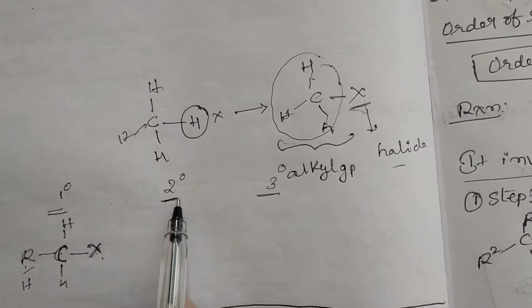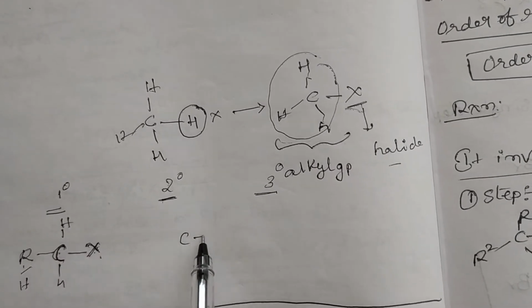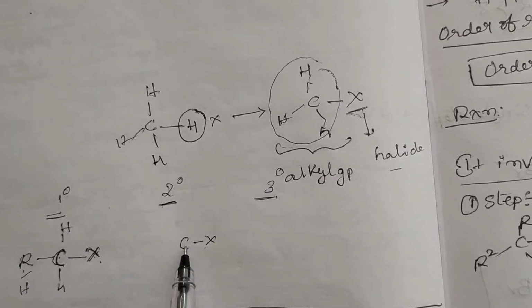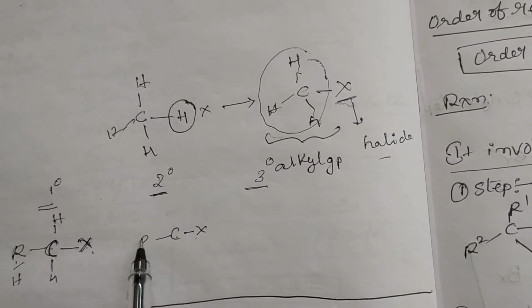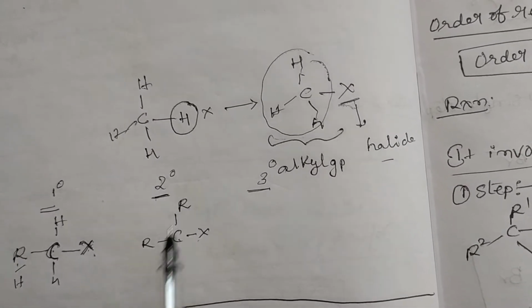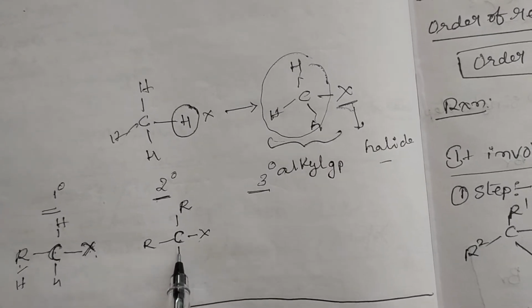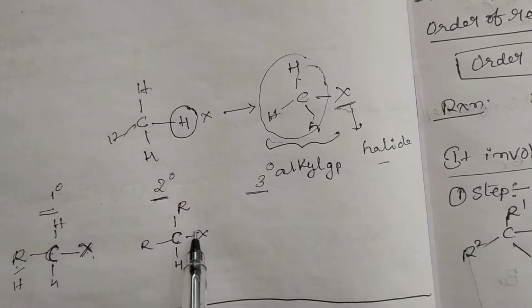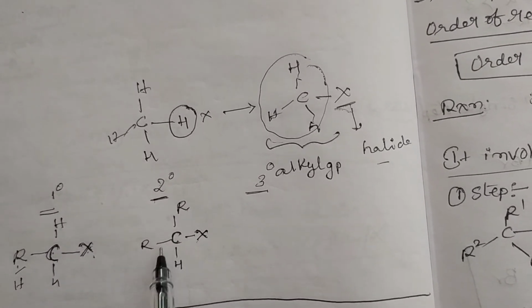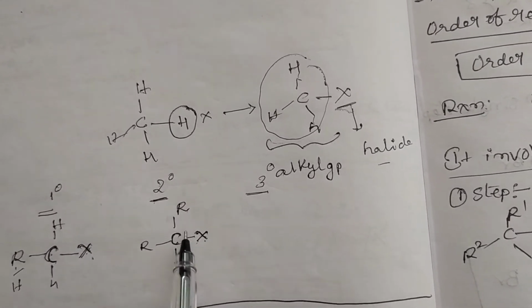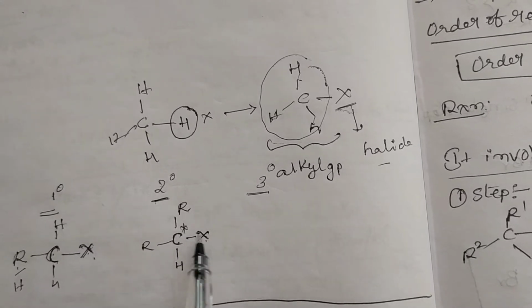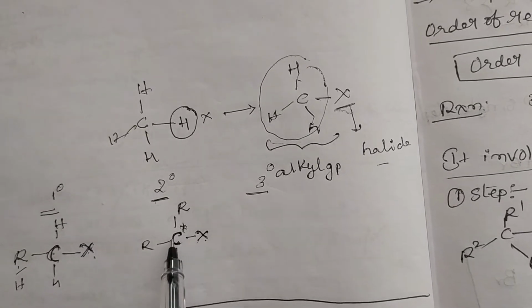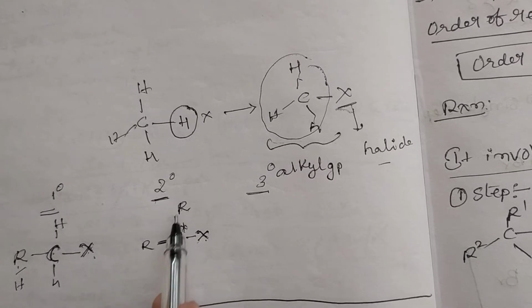Secondary alkyl halide means the halogenated carbon is attached to two alkyl groups. Just put a hydrogen to satisfy the tetravalency, right? This is called a secondary alkyl halide. What I am saying is, this halogenated carbon is attached to two alkyl groups.